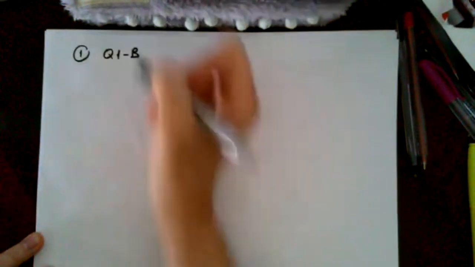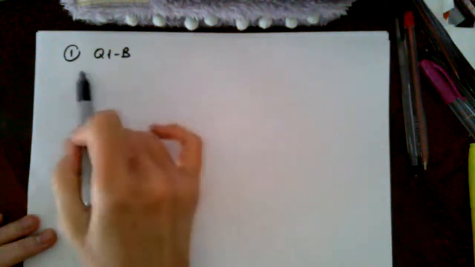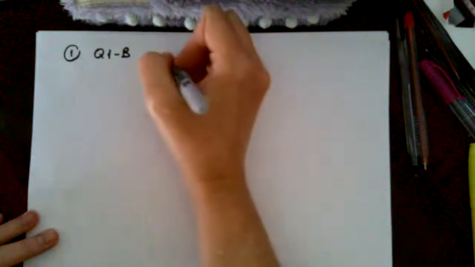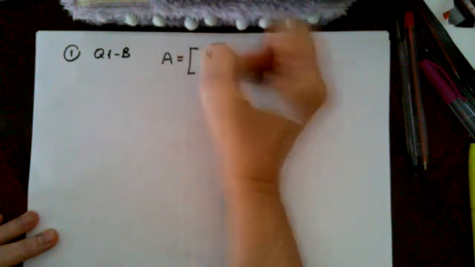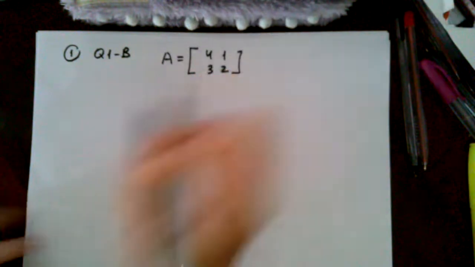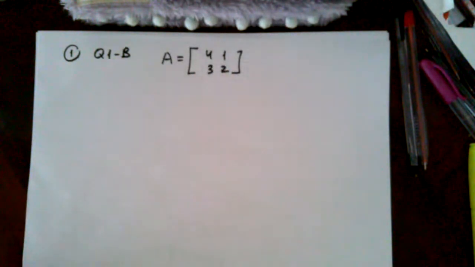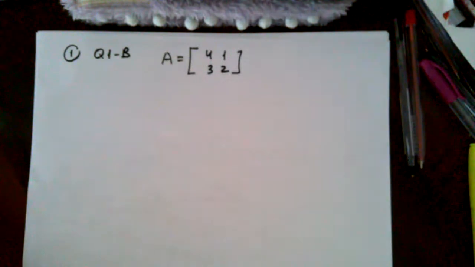So the example is question 1b. I don't remember if it was the second tutorial or the first tutorial. It doesn't matter actually, because I'm going to solve the same task twice. So this is the first problem. Here you have matrix A. 4, 1 is the first row, and the second row is 3, 2. The assignment is just like in your test 1, question 2.